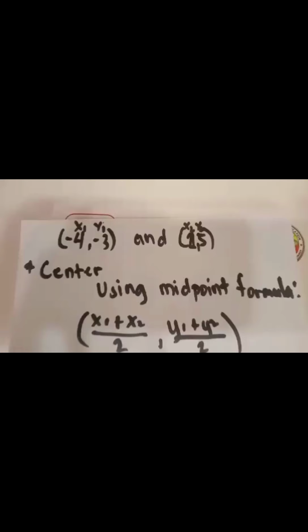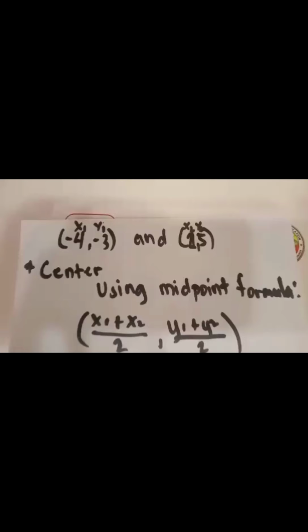And 2 and 5 is x sub 2 and y sub 2. By substitution, we have x sub 1 is -4, x sub 2 is 2, y sub 1 is -3, plus y sub 2 is 5, over 2.